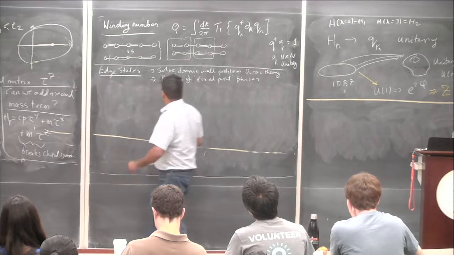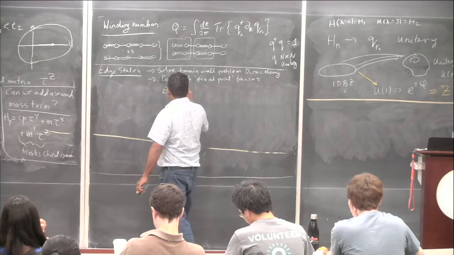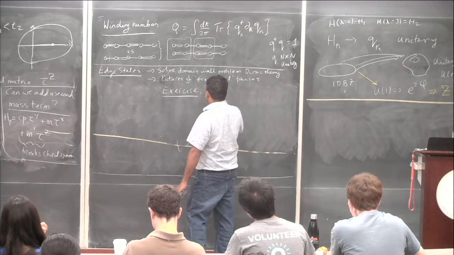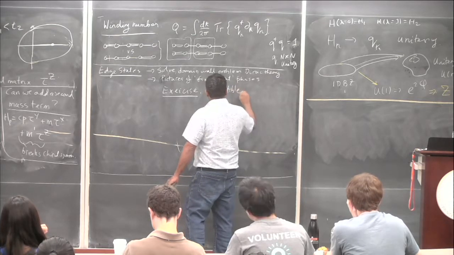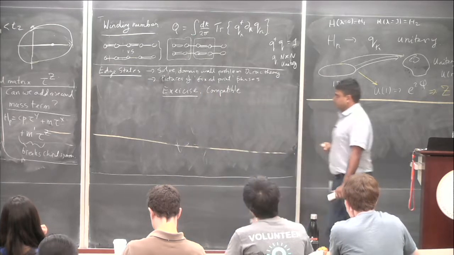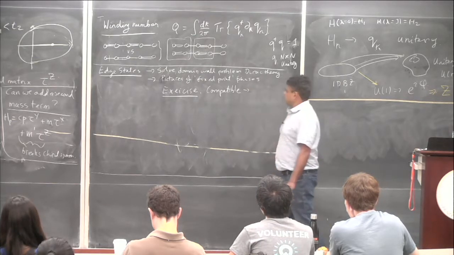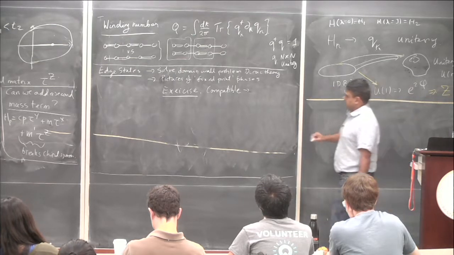Okay, and one of the exercises, which may be nice to work out, is a little bit subtle actually. Verify that these are compatible. Okay, so these two ways of looking at the edge mode are compatible. For example, one thing you may want to check is on which sublattice the zero mode lives on.